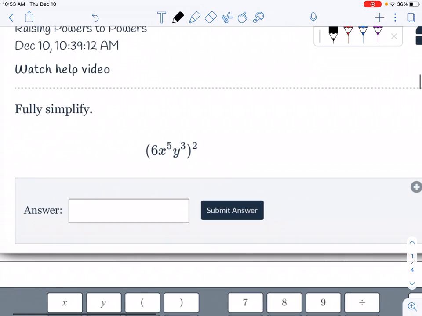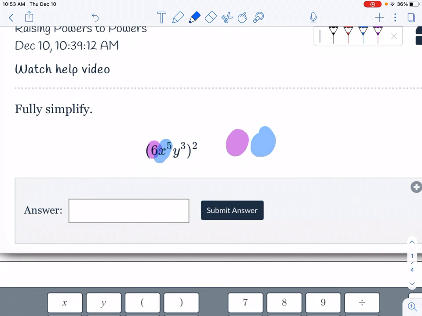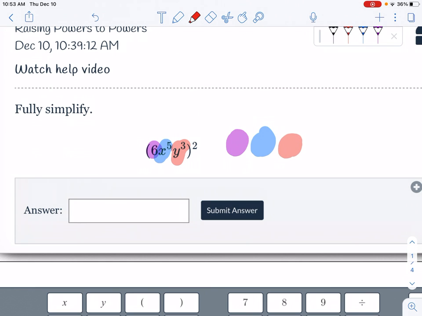Okay, so again, each individual piece, each base, and whatever exponent is attached with it in the parentheses is going to get raised by the power that's on the outside.